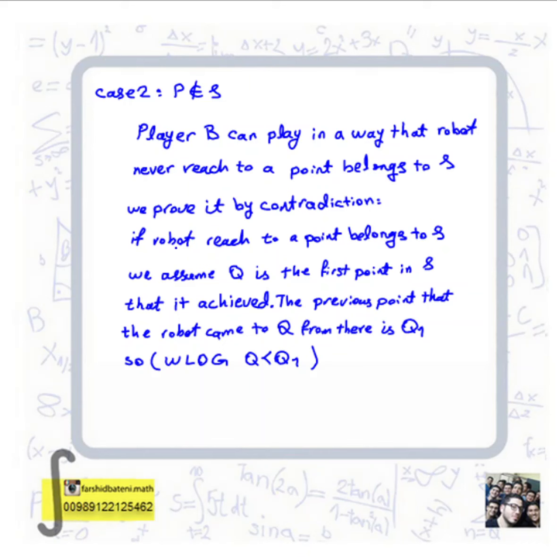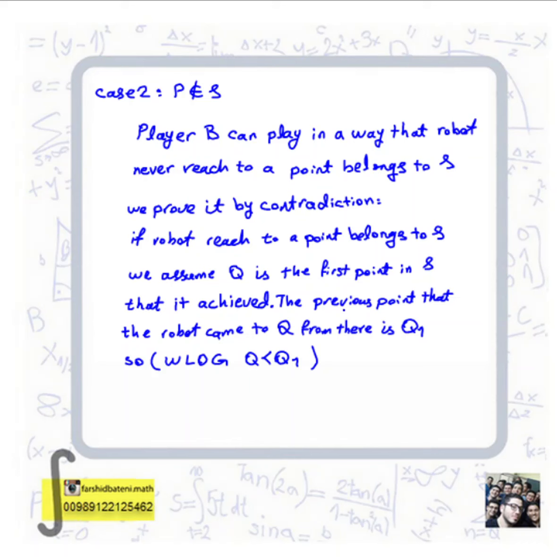We want to say that if the robot reaches a point belonging to S, we assume Q is the first point in S that it reached. And in this step, B did not have any alternative. Whether he chooses left or right, the robot would reach S points.